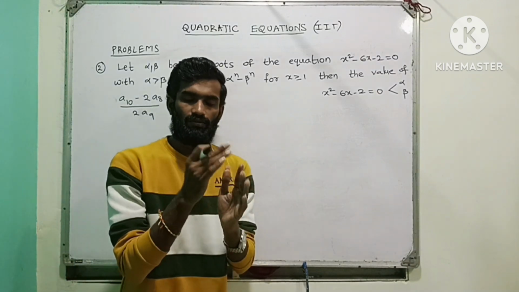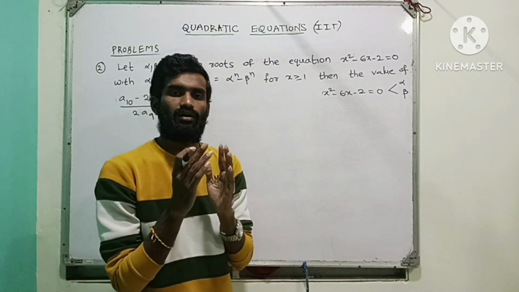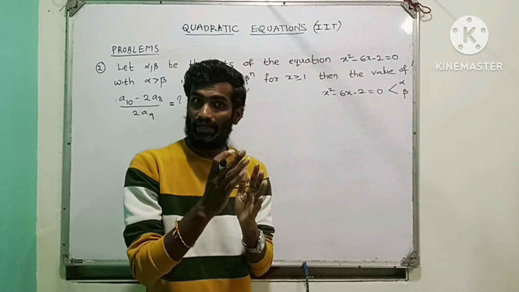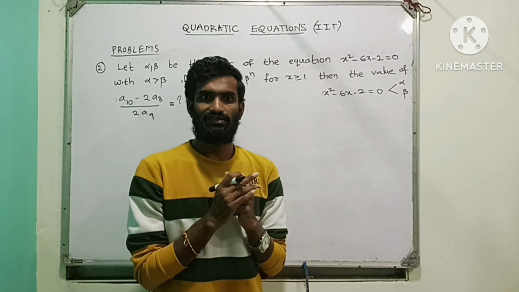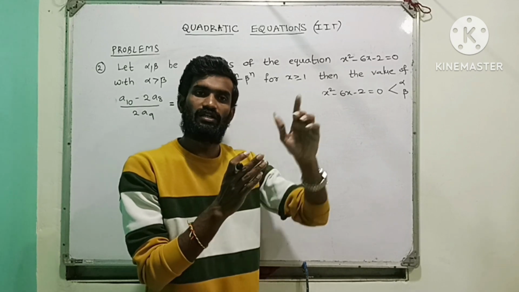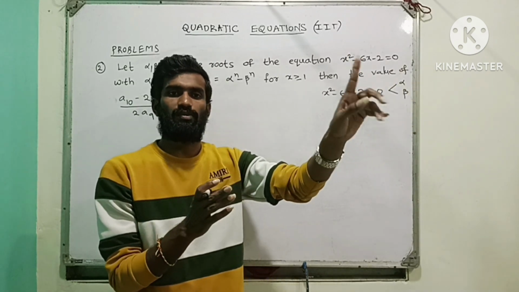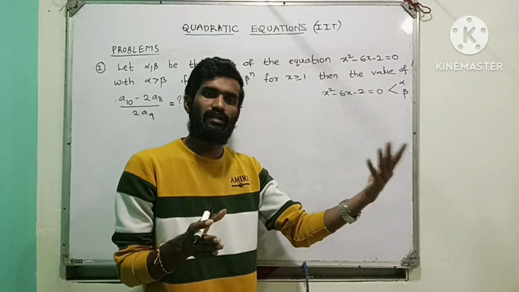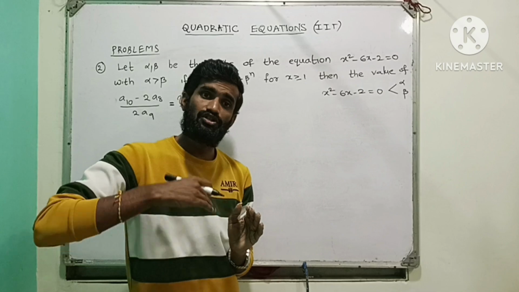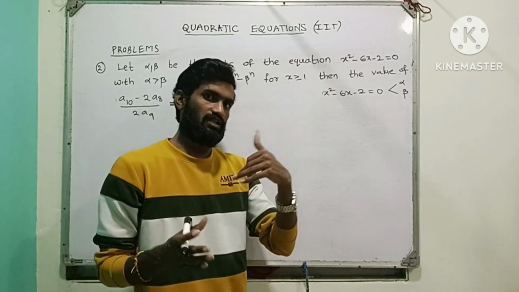Previously we took one example, that is x square minus 5x plus 6 equals 0. We got roots 2 and 3, right? So if I substitute 2 in the given equation, x square minus 5x plus 6, you will get 0. If you substitute 3, again you will get 0. Means we can substitute the given roots in the equation.